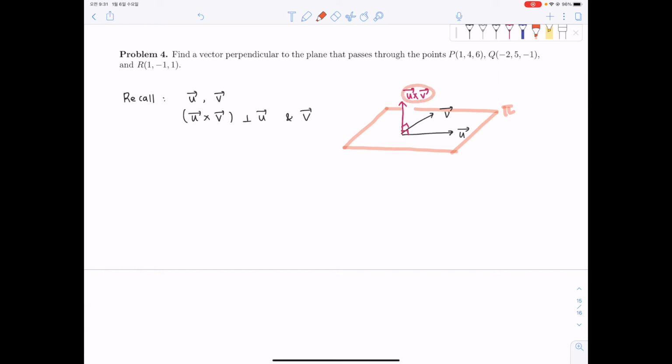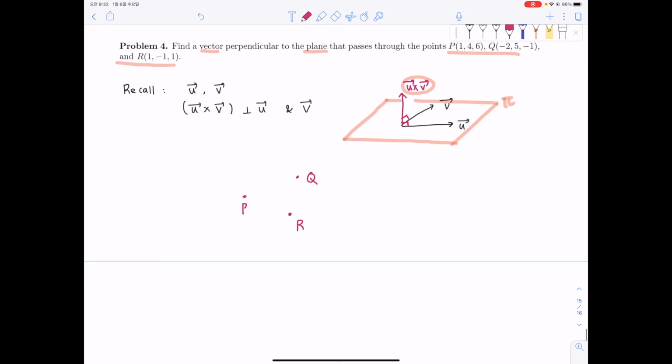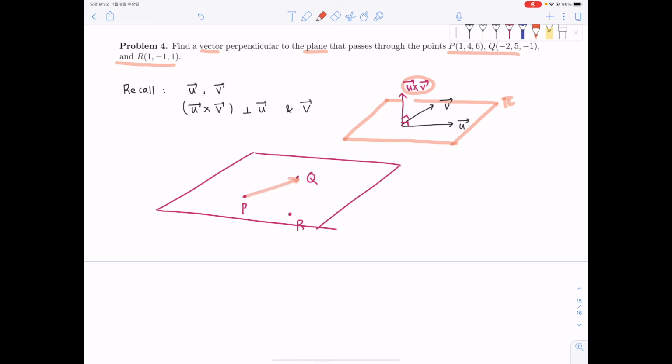Okay, so in this problem, we need to find the vector perpendicular to the plane that passes through the points P, Q, R here. So our P, Q, R is given like this, and there is some plane that contains these 3 points. So what we want to do is find two vectors which are contained in this plane.